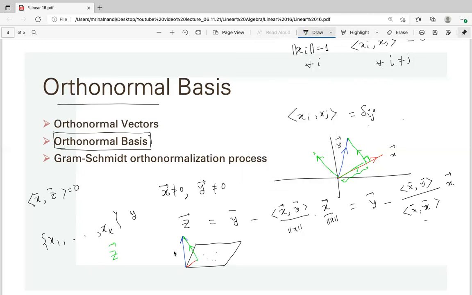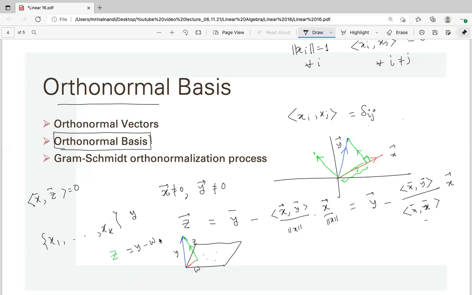Now this is your y, and this is your z, and we need to find the projection of y along this subspace, this red part. If the red part is w, then z is y minus w.